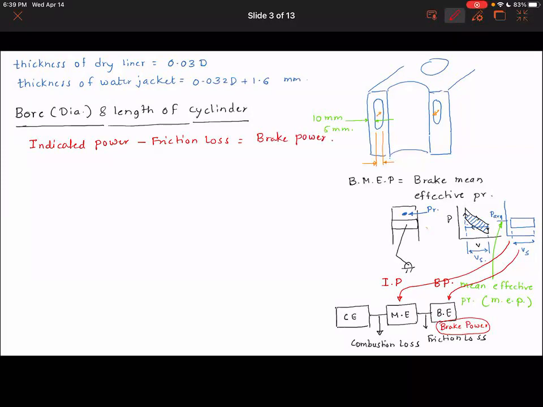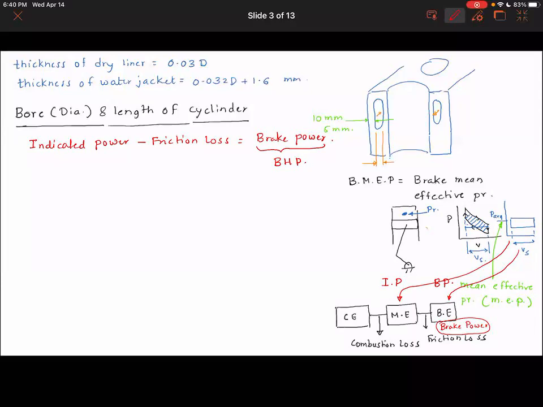Now, if you look at the specifications for an internal combustion engine, or for that matter a car, they will always specify the brake power or brake horsepower. Why are we interested in brake horsepower? Because we are not really concerned about what is the actual power that is developed inside the engine.